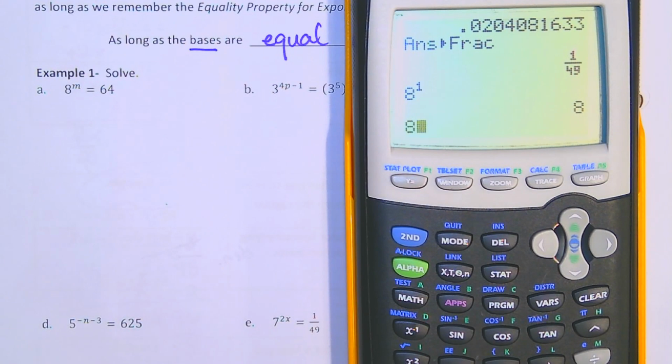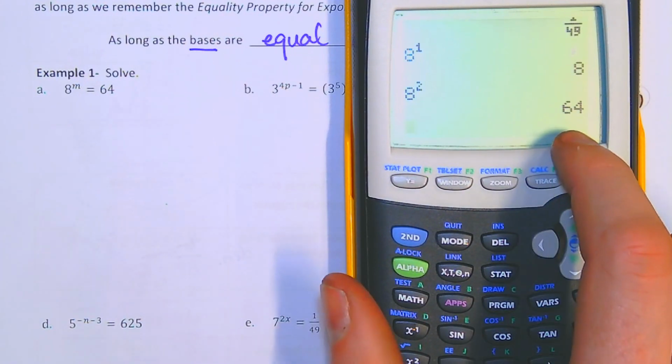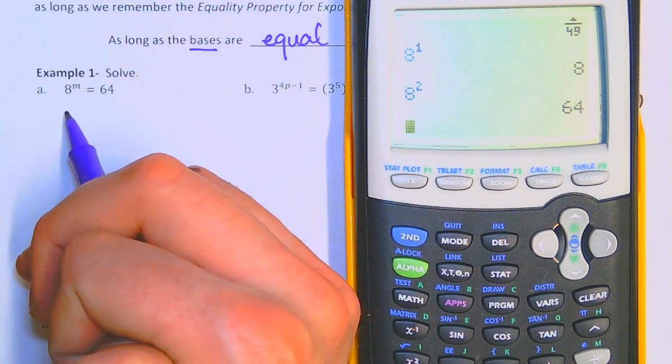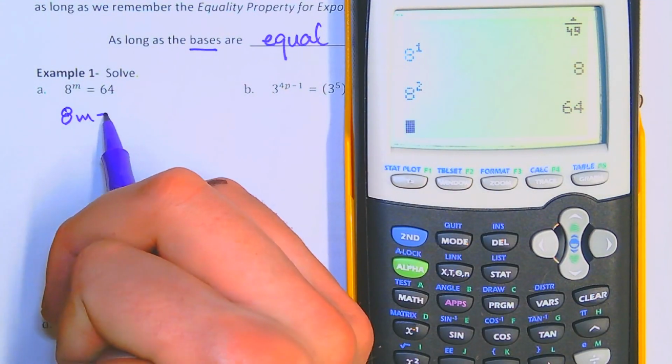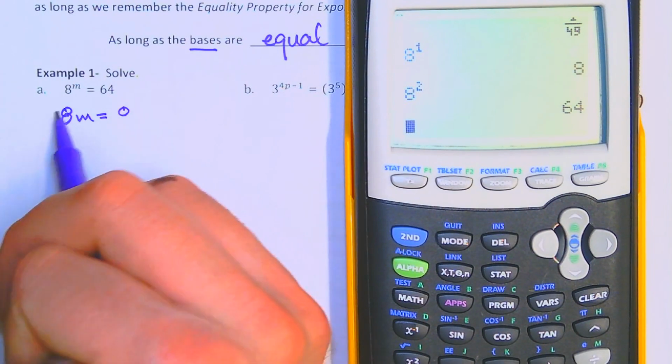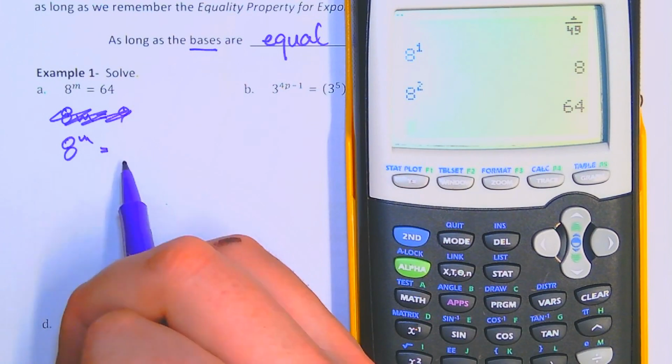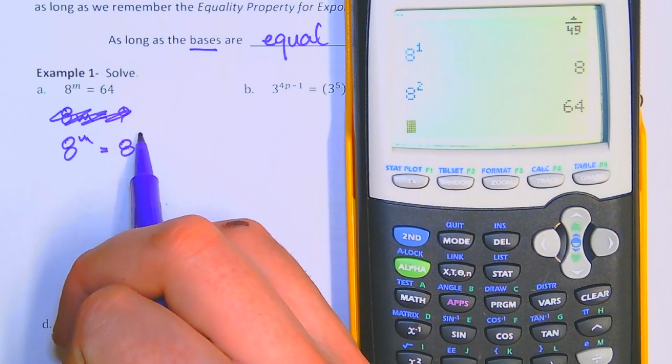Okay, 8 to the second, and all of a sudden I have 64. So another way that I could write 64 then is 8 to the m equals 8 to the second.